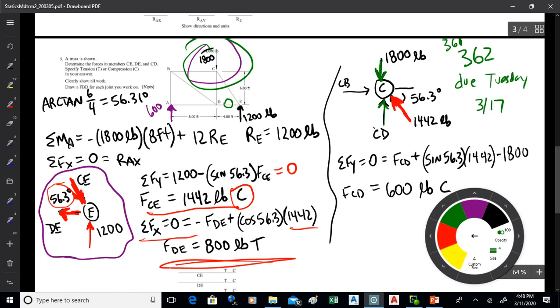And then, what else do we got? 341 and 2 also. So all those are due on Tuesday now, okay? So 341, 342, 361, and 362, and those are due on Tuesday. All right, good to go.